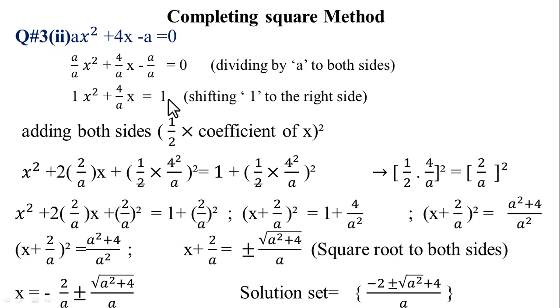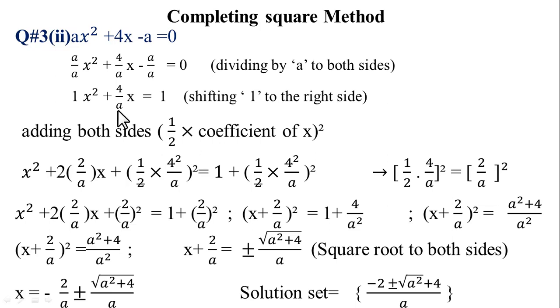Then the equation in the form is x² + (4/a)x - 1 = 0. Because the constant term is -1, we move it to the other side, shifting it to the right side. The required form of the equation is x² + (4/a)x = 1.